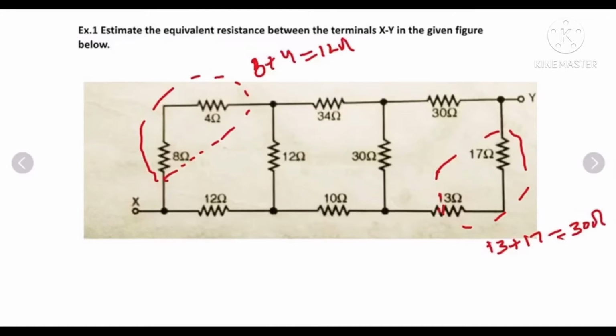After that we will see, is there any possibility of series or parallel connection? No, there is not a single possibility of series connection, and not of parallel connection either. So we will move further and draw the equivalent circuit.